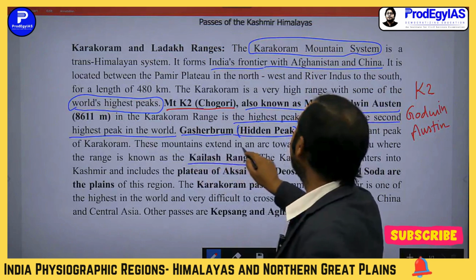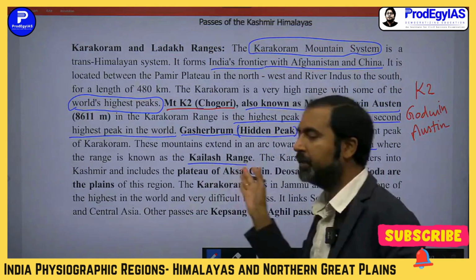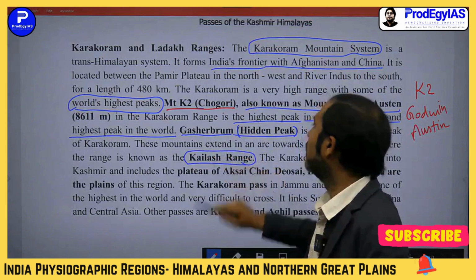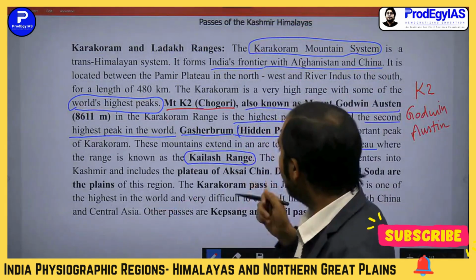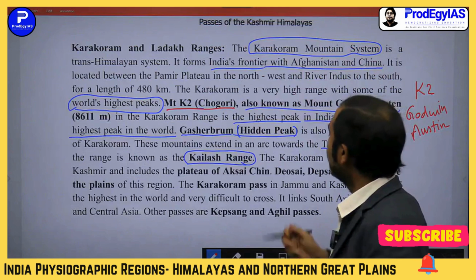These mountains extend in an arc towards the Tibetan plateau. Means the further extension of this range in the Tibetan plateau is known as Kailash range. Means Kailash is nothing but the further Kailash mountain. You know that this is a very important pilgrimage center also. People go there for pilgrimage.